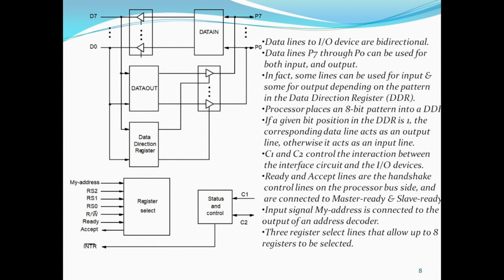These data lines are bidirectional, as you can see. And for increased flexibility, the circuit makes it possible for some lines to serve as inputs and some lines to serve as outputs under program control.